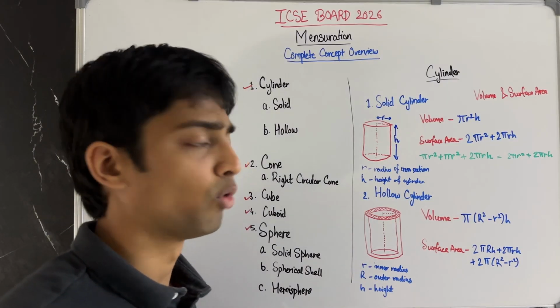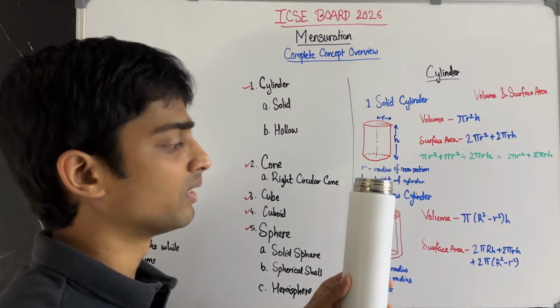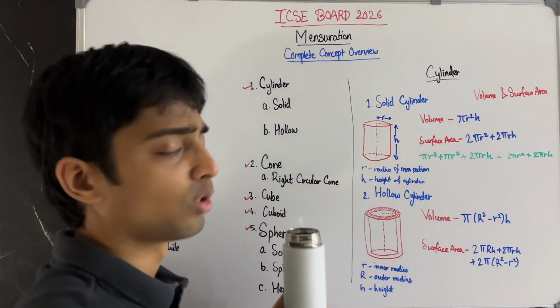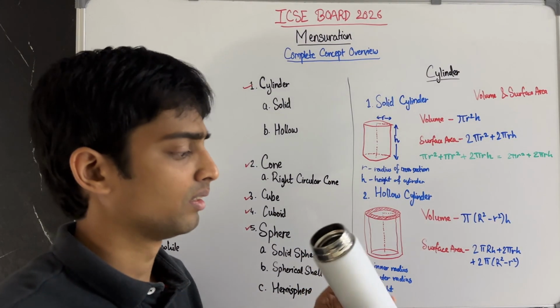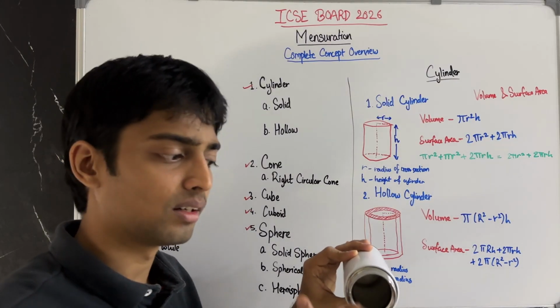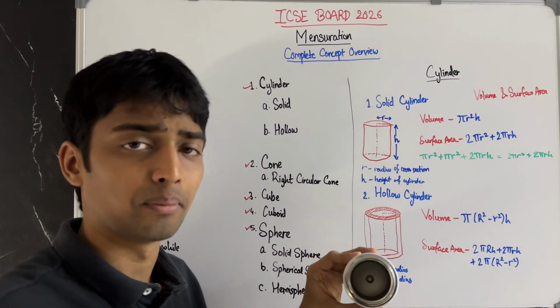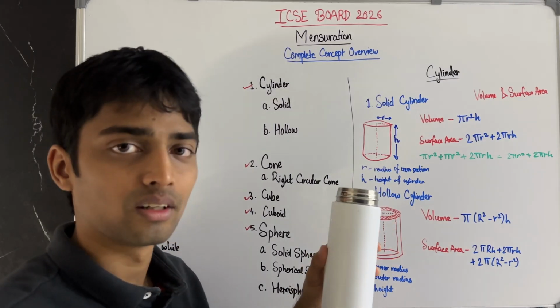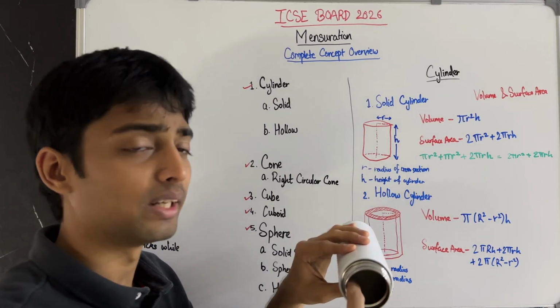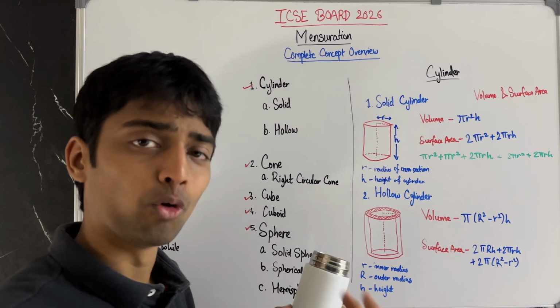Now how do we find the volume? The volume of this cylinder would be different because it's hollow. Volume is the amount of space it occupies. Since it is hollow, we'll have to subtract the volume of the inside part. First we will find the volume of the whole cylinder and then subtract the volume of the inside part. So we will get the volume of the hollow cylinder.